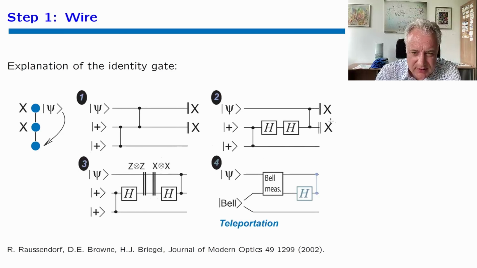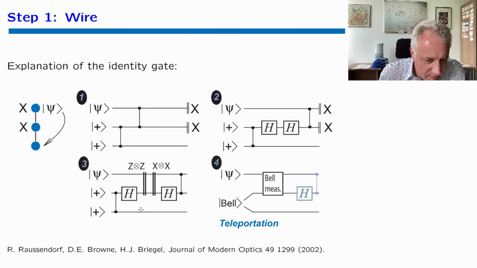And this X measurement down here becomes the ZZ measurement upon backward propagation. Okay. And now, when we see this, we recognize that these two measurements here, in their combination, are nothing but a Bell measurement.